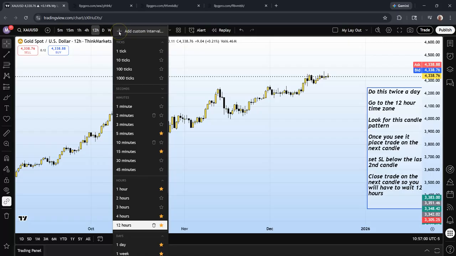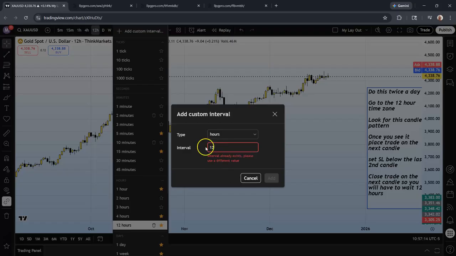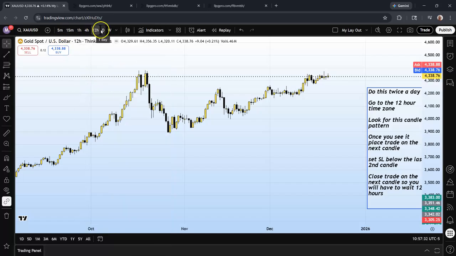Once you click that, you're going to go to hours, and you're going to put 12 in here. Now I already have it, so it's not going to let me save it. Once you put 12 here, you're going to click add, and then you'll see the 12-hour pop up on your favorites. And you just put a star here to make it your favorite.